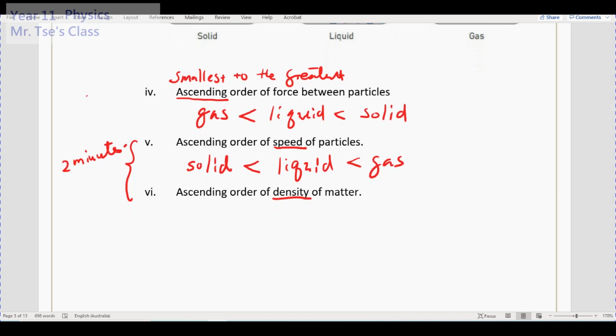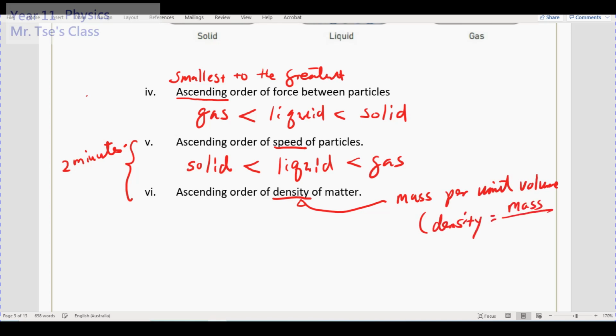And the ascending order of density. What do we mean by density? Density just means mass per unit volume. Mathematically, the formula for density is the mass of the object divided by the volume it occupies.